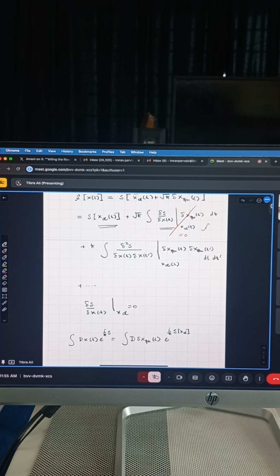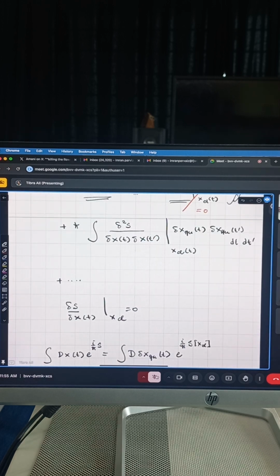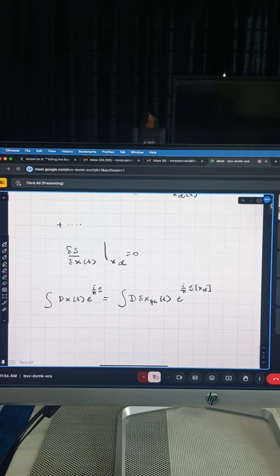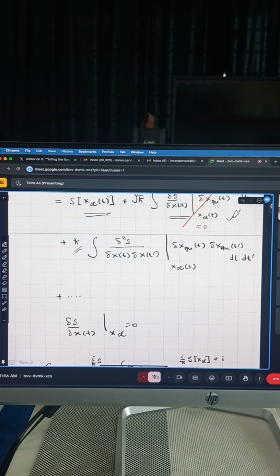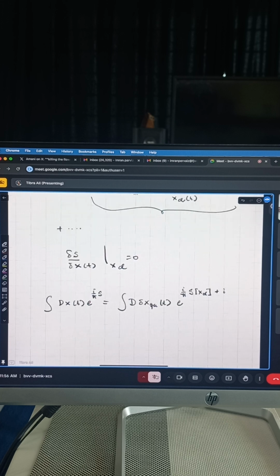So this becomes this plus i, and let me write this whole term symbolically as S double prime. And if I look at the higher order terms, they will all start with order square root of h bar.